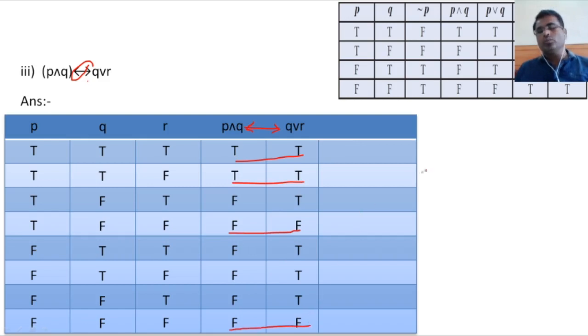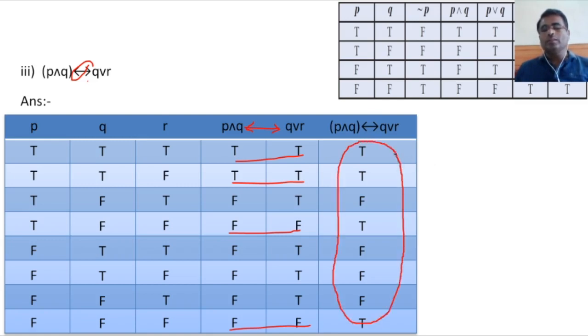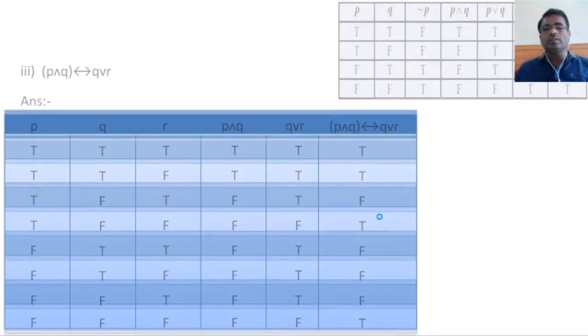So for these rows we are getting true, for all other rows we are getting false. So therefore the resultant is true, true. Here we have false, again true. Here we have false, false, false, and again the false, false combination gives true. So this is your table. You will observe that here it is not all Ts, not all Fs, therefore it is a contingent statement.